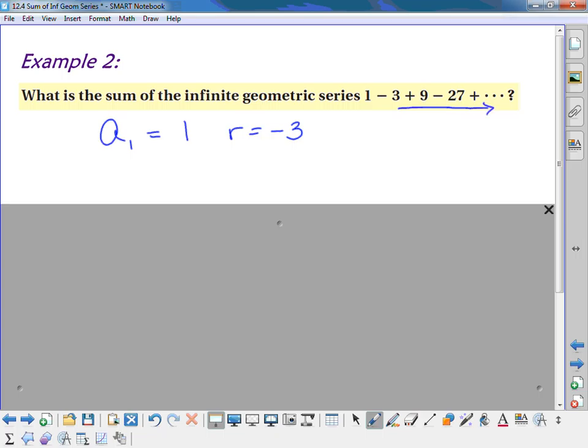They're changing signs, but they're getting larger and larger, aren't they? Is that going to ever approach a number? No. So there's no sum for this one because the absolute value of -3 is greater than 1. So anytime the absolute value of the ratio is greater than 1, there's not going to be a sum. It's just going to approach infinity. All right?